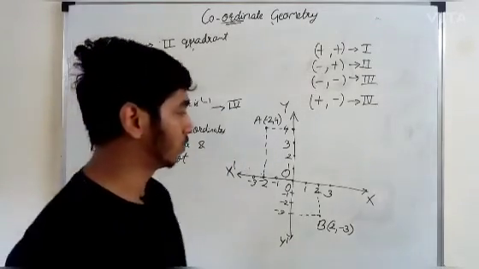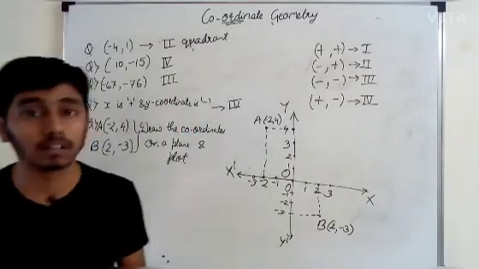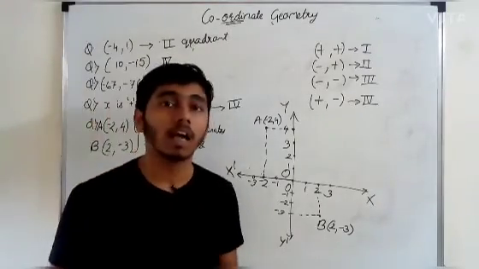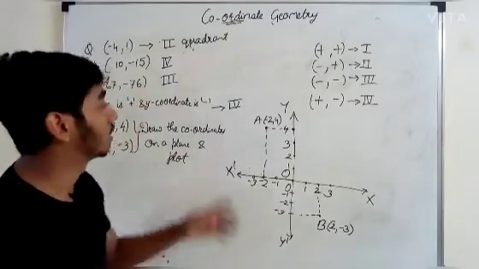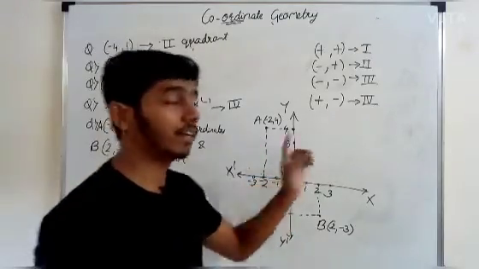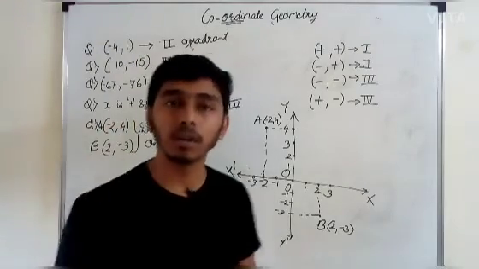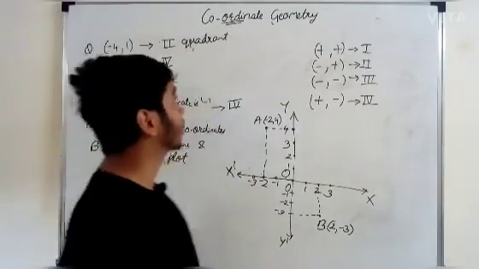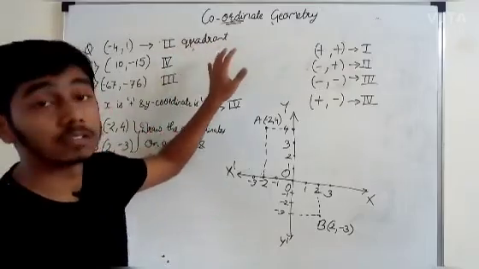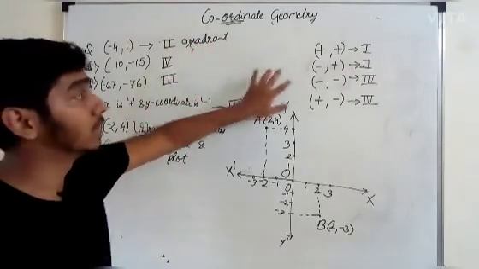Now in this video we saw what the uses of coordinate geometry are, how we use it, and on what basis we find the coordinates of a point. We saw how to find coordinates of a point on a plane, and also the quadrants in which the points lie.